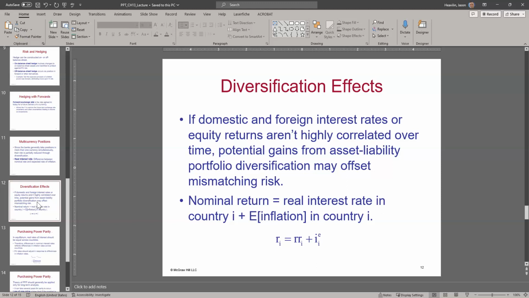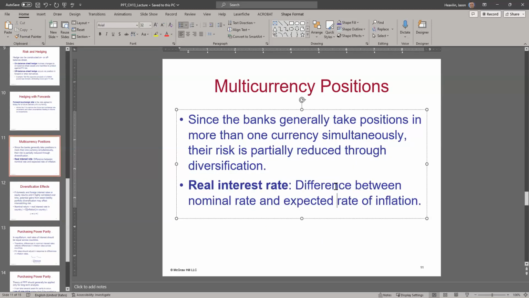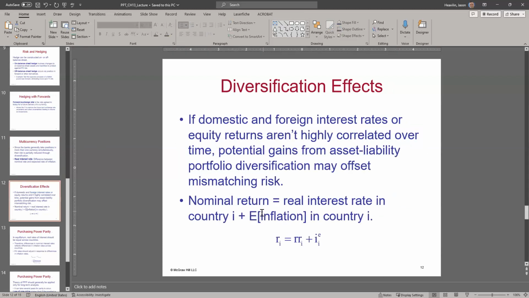And that's where you get those gains from. And it helps you with any other mismatching risk. A quick formula here, as we spoke earlier: nominal return equals real interest rate plus inflation. So it's the same thing they said here in words, but now you see it in an actual formula.